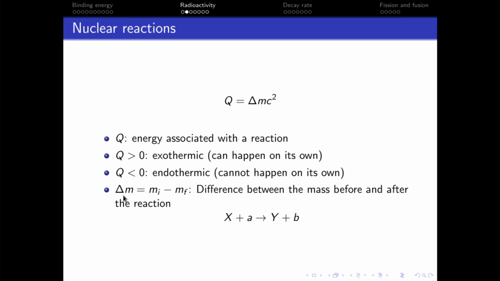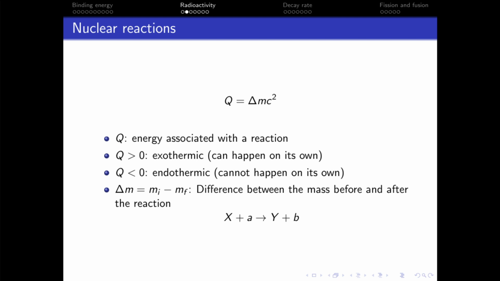So I wrote down here delta M. We use the same symbol since again it is the difference between two masses, but here we won't call it the mass defect. It is the initial mass minus the final mass. So if after the reaction the mass we have at the end is smaller than what we had in the beginning, that means that to compensate we have to release some energy.